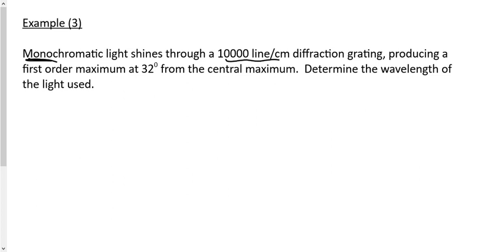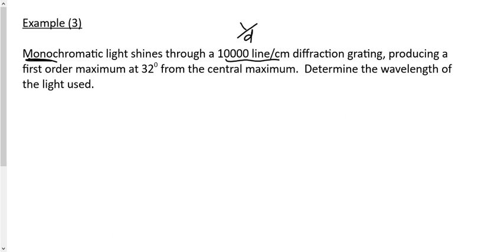Usually we have 2 openings, 2 slits, and we measure the distance between those openings to get little d. Here we don't have the centimeters in between lines. Here we have the lines per centimeter. So what do you think this corresponds to? There's not 2 lines a certain number of centimeters apart. There's a certain distance with a certain number of lines per distance. This isn't d. This is 1 over d.